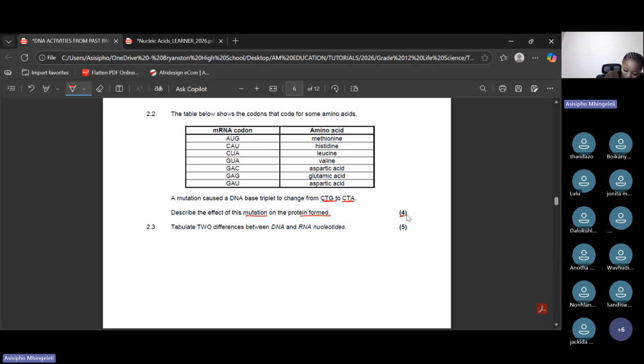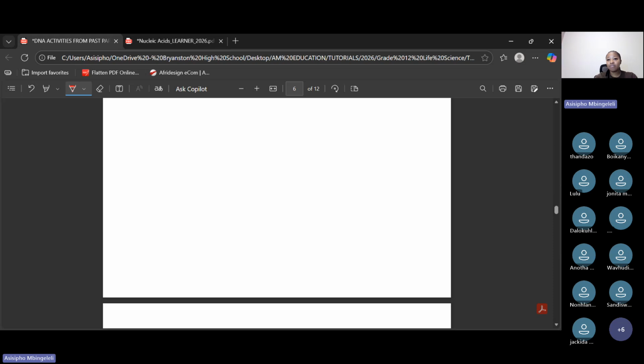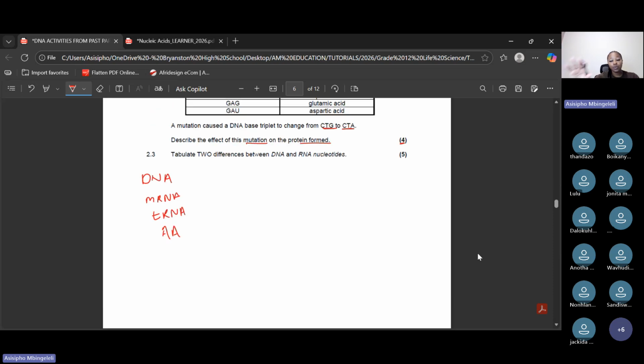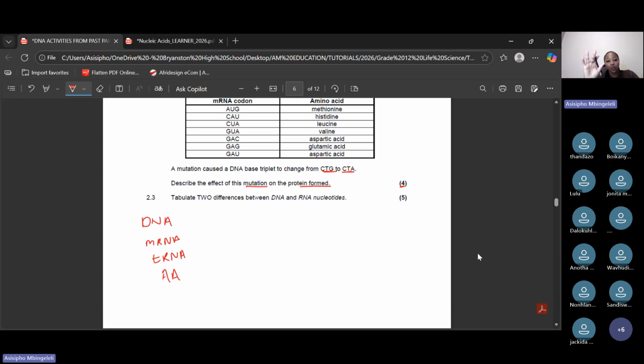So if we follow our normal sequence, a change in DNA would result in a change in the messenger RNA codons that are formed, which will result in a change of anticodons on the transfer RNA, which may result in a change in the amino acid that is formed. The amino acid may remain the same or may be different. It depends, and we are going to be guided by what we are given in the question.